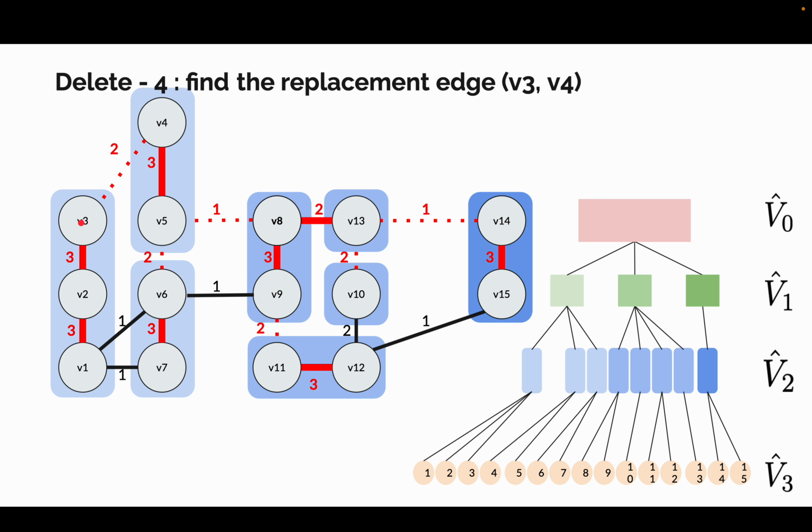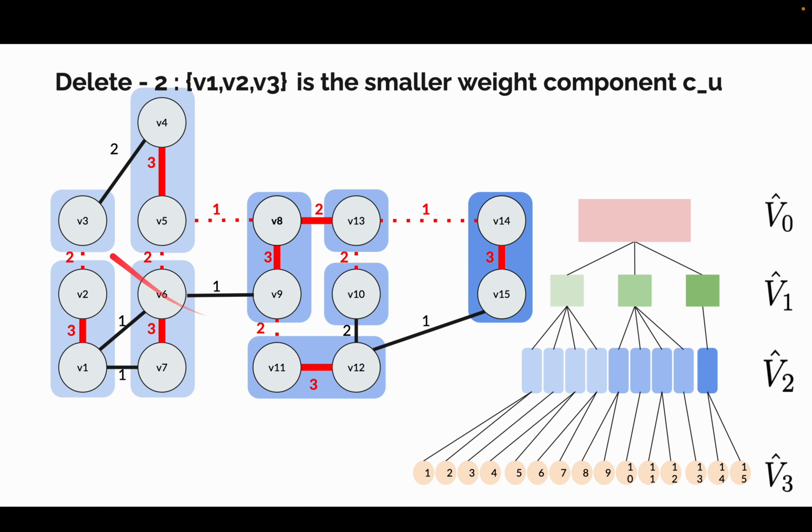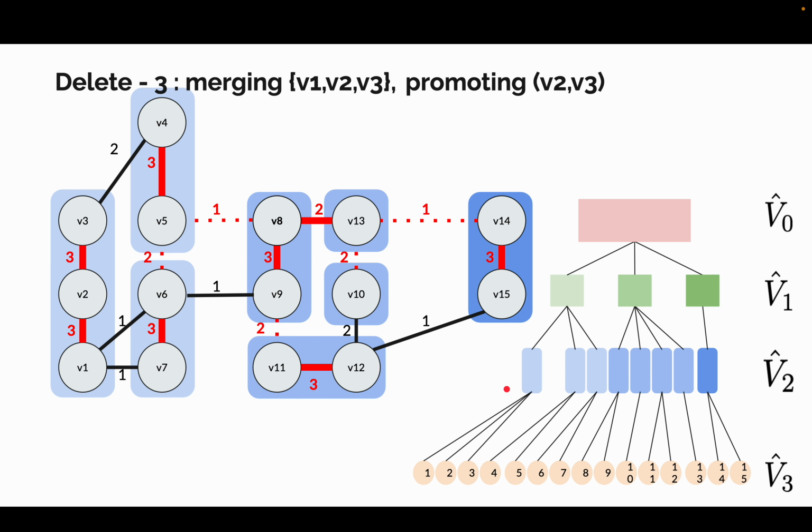So that's it. And when we are updating our graph, we are also updating the data structure hierarchy tree here. For example, when we are merging two connected components, we are merging the connected component represented in the hierarchy tree here. All right.